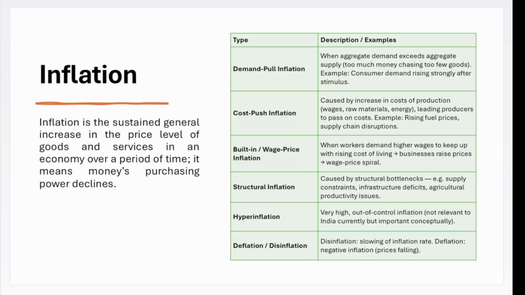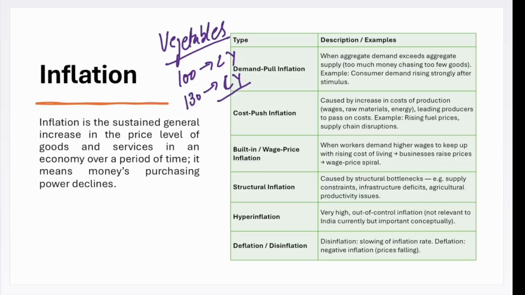What is inflation? Inflation is when we say, last year I was able to buy a set of vegetables at a price of, say, 100 rupees. This is last year. This year I bought the same set of vegetables at 130.